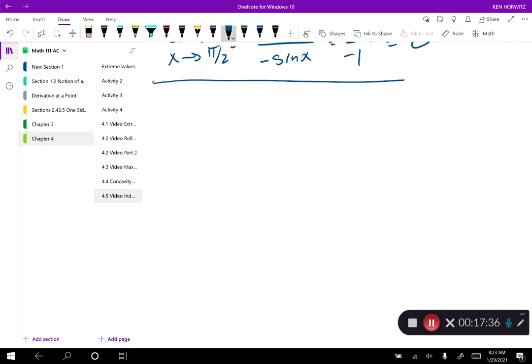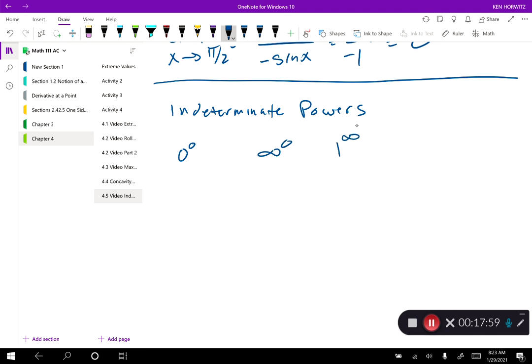So I'm going to give you three more that I'm not going to use a whole heck of a lot, but you may see them in future classes. They're called indeterminate powers. And that's 0 to the 0, infinity to the 0, 1 to the infinity.